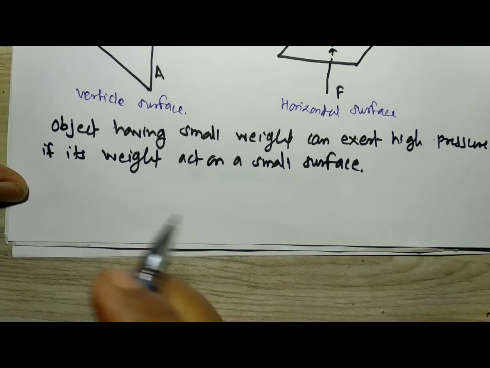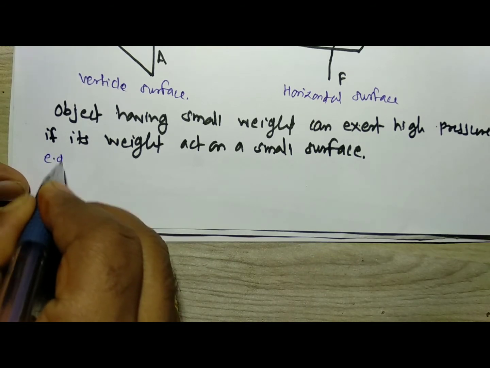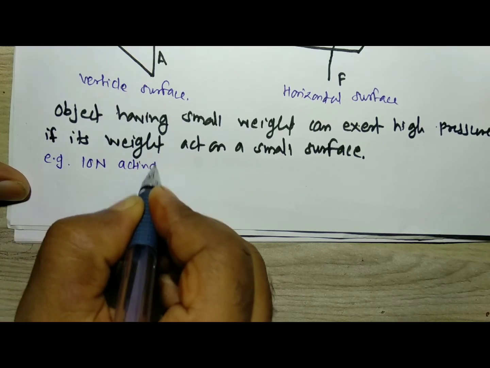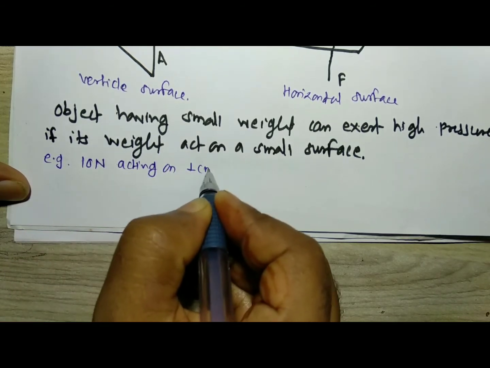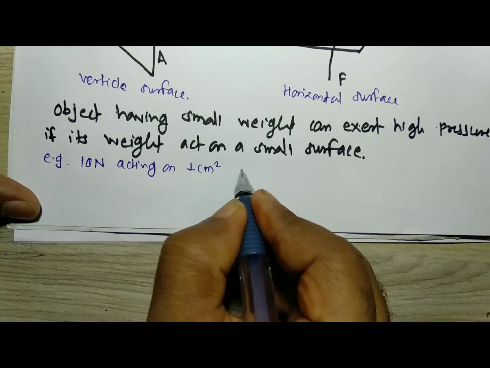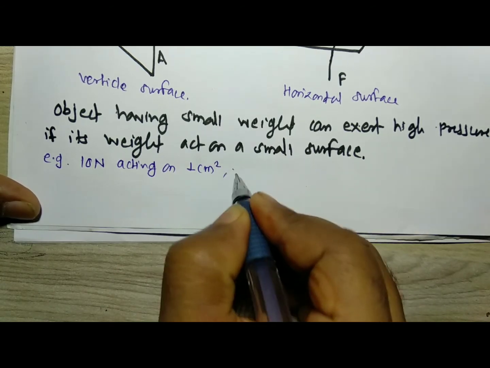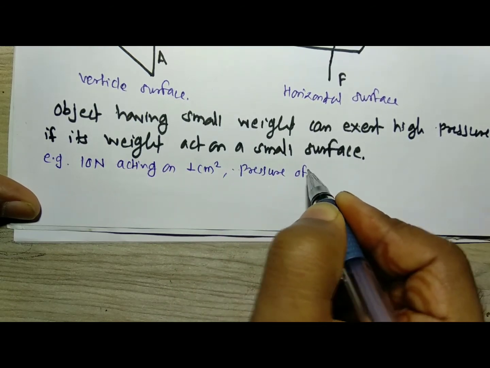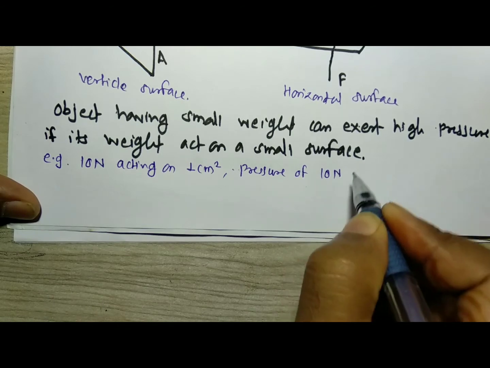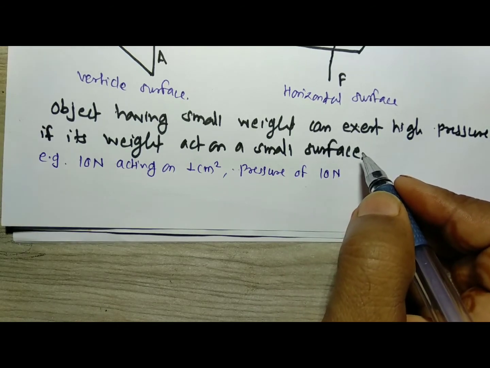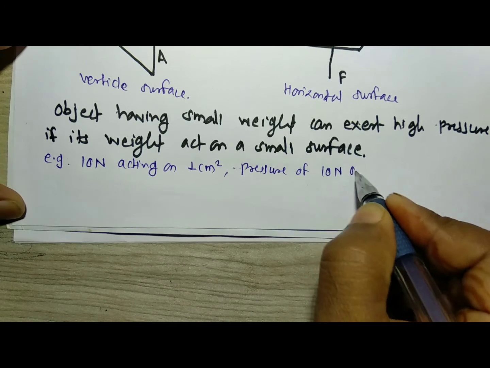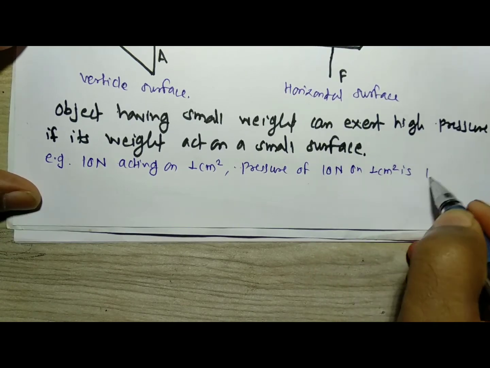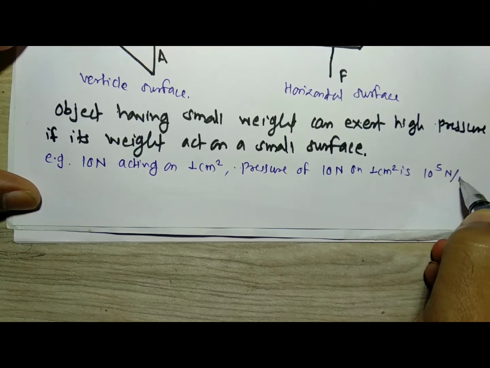What does it mean? For example, let us consider 10 Newton acting on 1 centimeter square. Thus the pressure of 10 Newton on 1 centimeter square is 10 raised to 5 Newton per meter square.